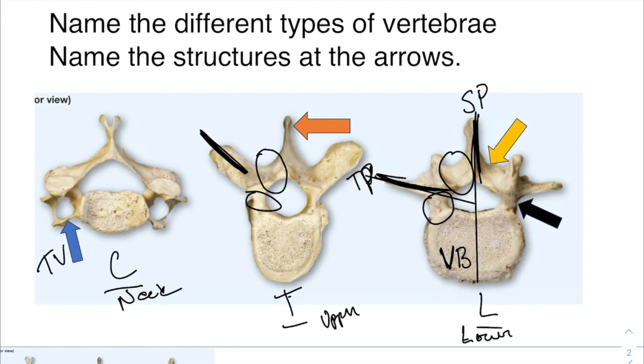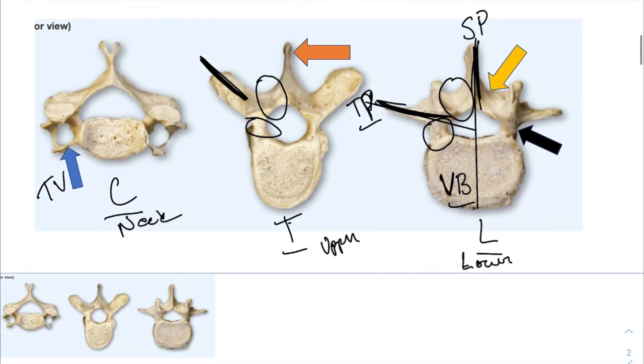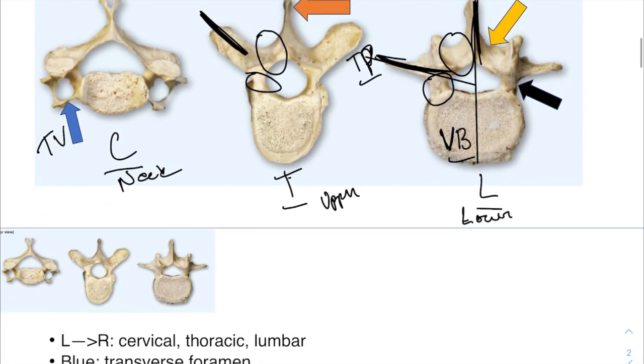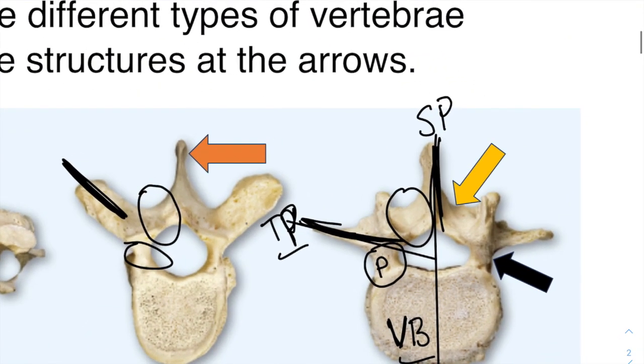This is the spinous process for labeling. So between the transverse process and the vertebral body, this is going to be your pedicle, which is P, as indicated here. And then in the yellow, between your spinous process and your transverse process, is going to be your lamina. So it's the same thing on the other side.